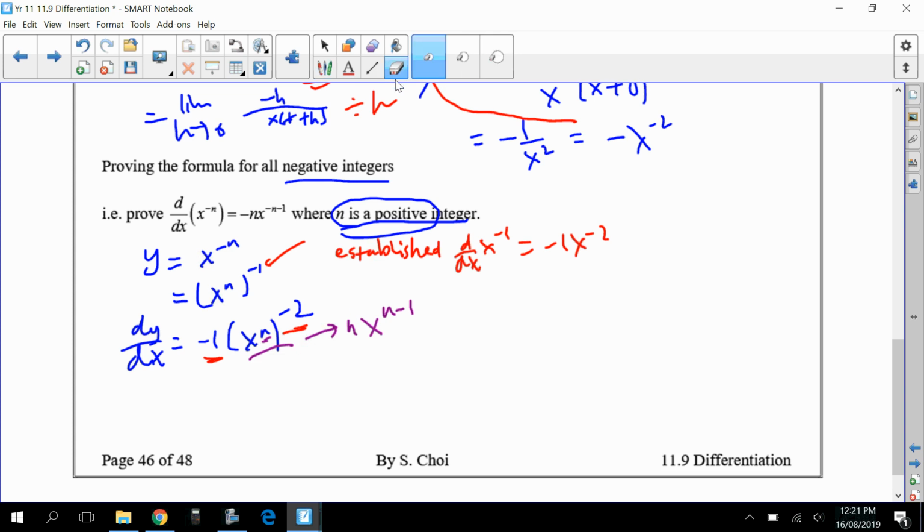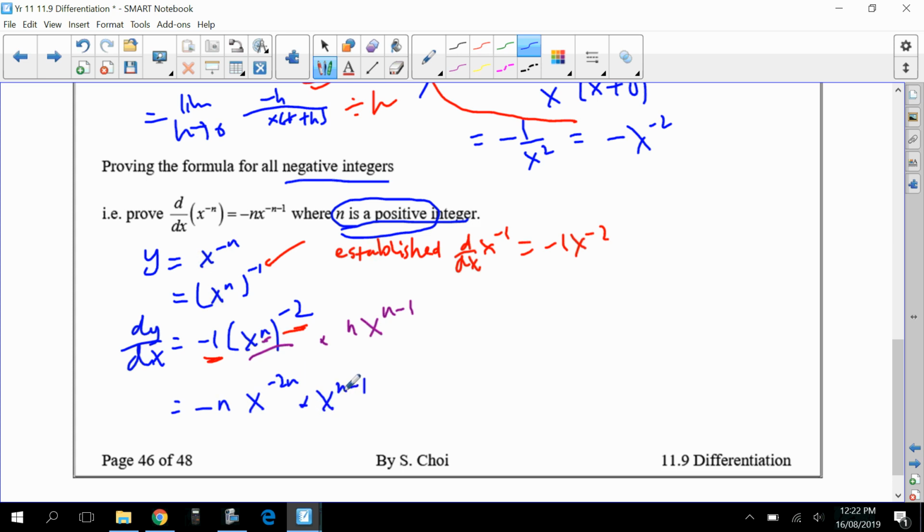So therefore, this is times, and then you go -n x power of -2n times x power n minus 1. And then you add the indices, it becomes -n minus 1, which is the formula as required.